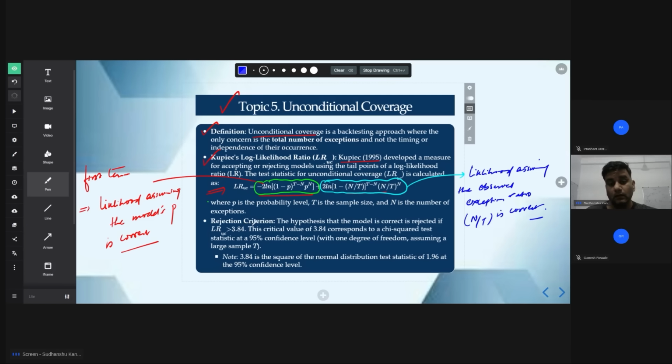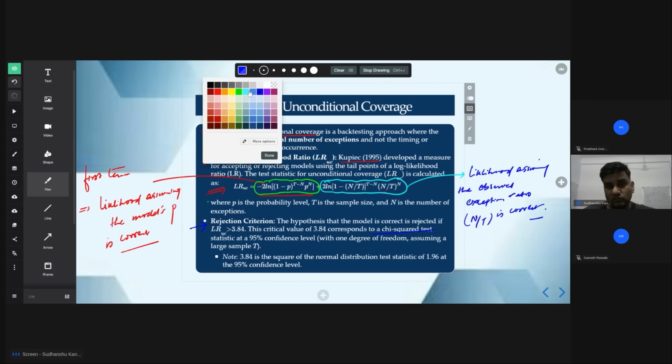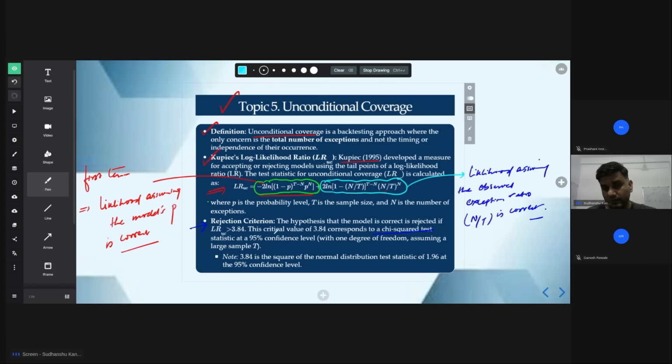Okay. All right. Then we have the rejection criteria. We compare to a critical value from the chi-square distribution. You reject H naught if the statistic is greater than 3.84. 3.84 is actually 1.96 squared, a chi-squared value, right?